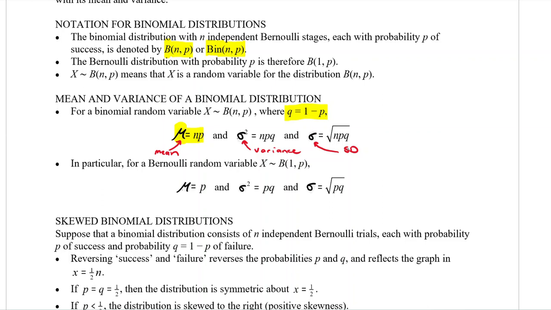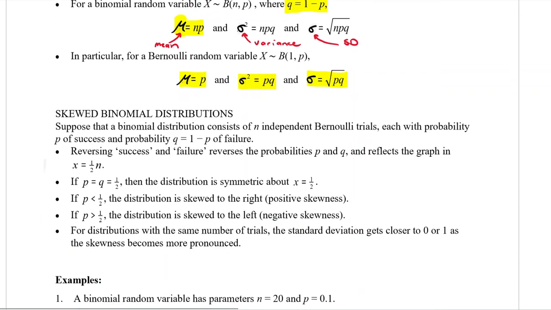If we are looking for a particular Bernoulli random variable where the number of trials is 1, obviously that means the n in all of those formulas is 1, so the n basically just disappears. It's easy enough, but most of the time you'll use the top row of formulas.